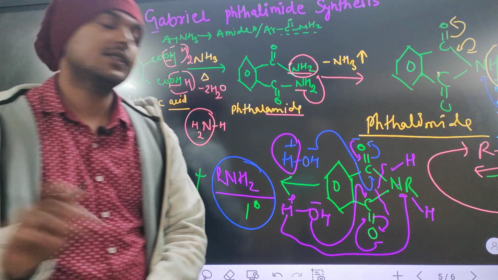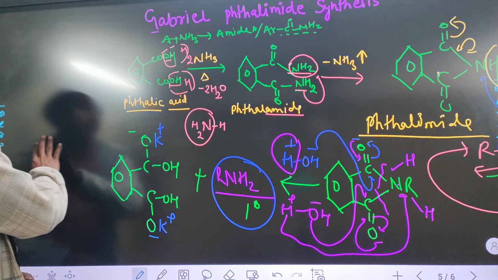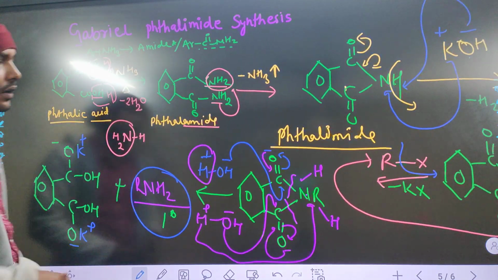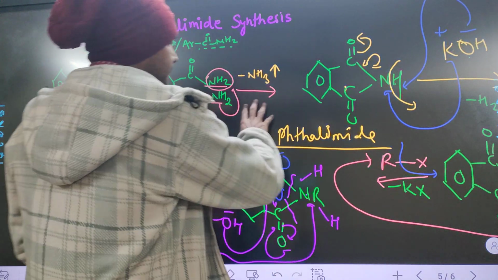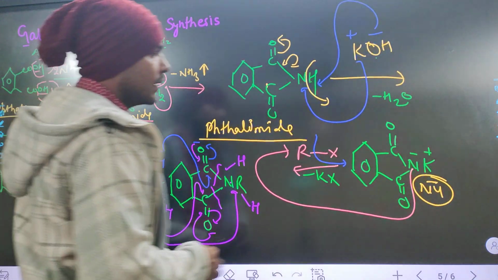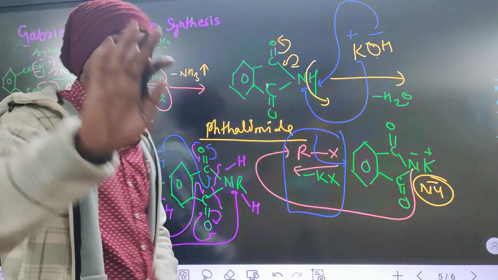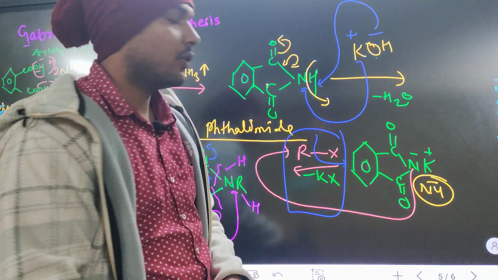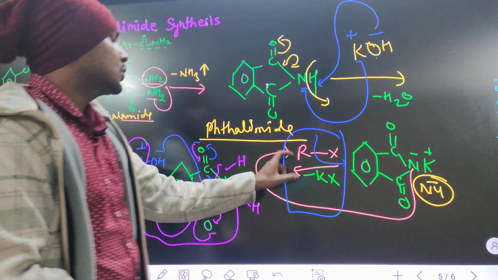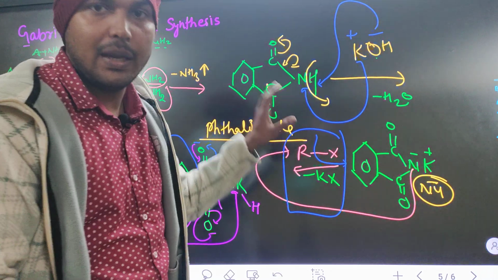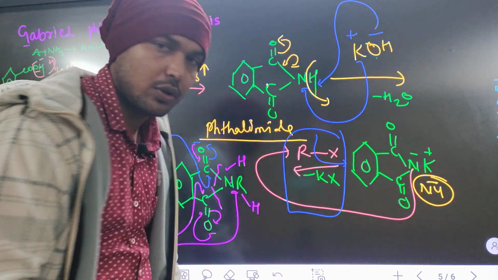A very important step in this reaction is the nucleophilic attack. This part means what type of alkyl halides should be used for these reactions and what type should not be. So this part I am going to discuss elaborately: what type the RX should be.